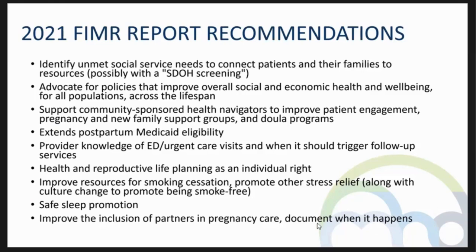Maybe that looks like a social determinants of health screening for patients, things like that. Advocating for policies that can improve overall social and economic health. So that's why we've got our policy person in here as well. And again, we're looking across the lifespan. So we're focused on pregnancy and infant loss prevention, but you have to consider the whole lifespan for a person to work on that.